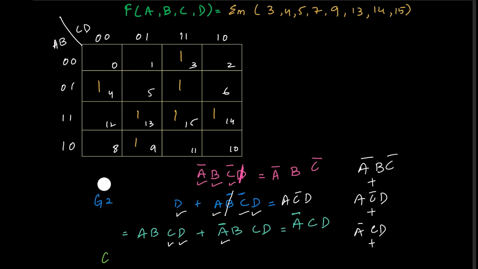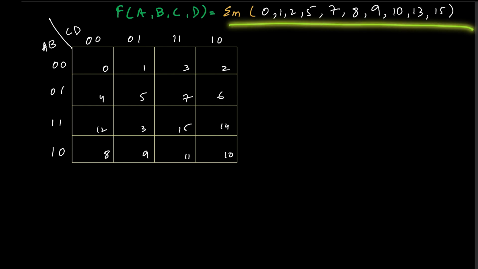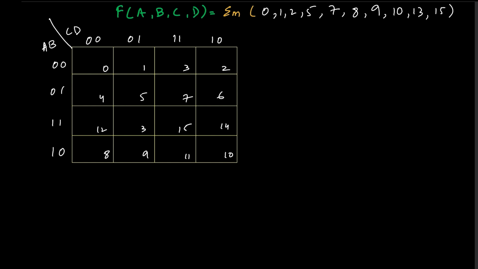Now let's solve another example. And this time around we will take minterm numbers as these. So put ones in the boxes as per the minterms. The second step is to group them, and groups can be done in twos or in fours as well.